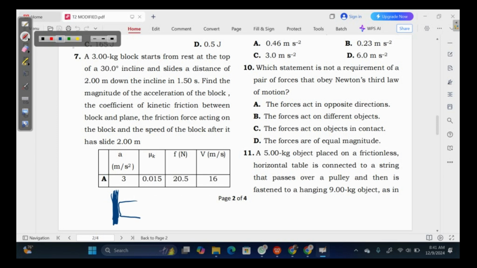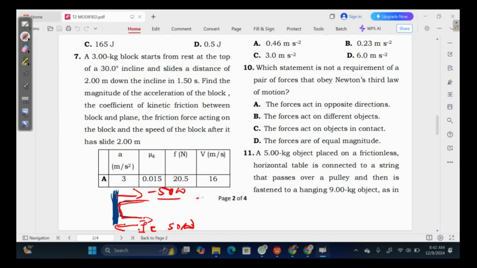So the force that you are going to use to bump into this wall is the same force that the wall is going to use to exert on the car. So if the force here is 50 newtons, it will be the same but in opposite direction. Then it is going to be negative 50 newtons.